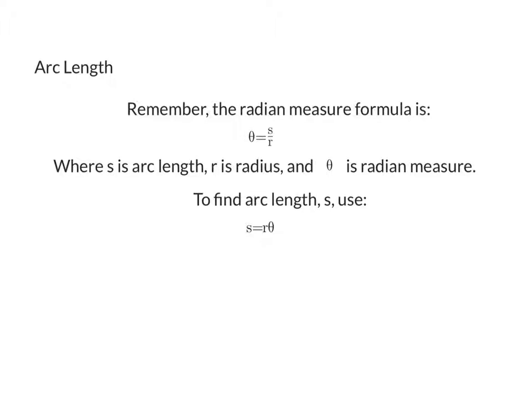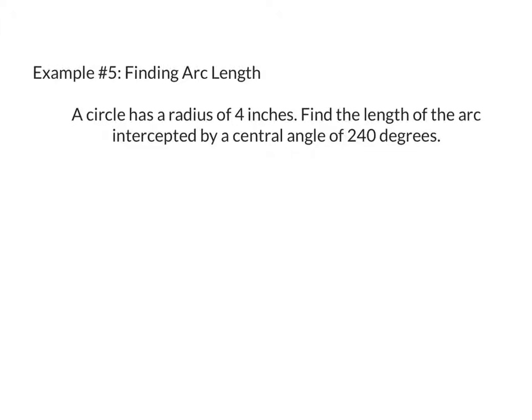All right, so arc length. Remember the radian measure formula is theta equals S over R, where S is arc length, R is the radius, and theta is the radian measure. To find arc length, we use S equals R theta. Looking at our last example, it says a circle has a radius of 4 inches. Find the length of the arc intercepted by a central angle of 240 degrees.